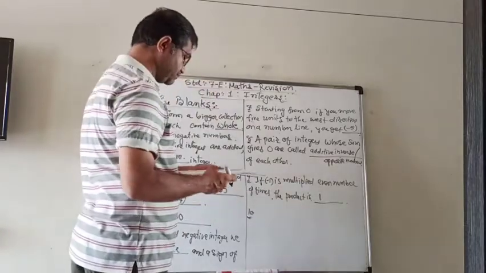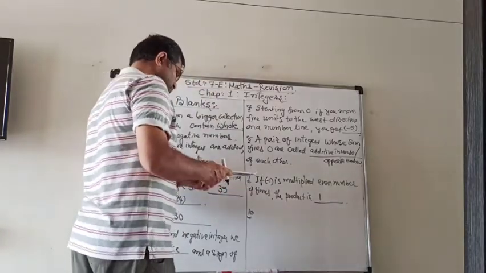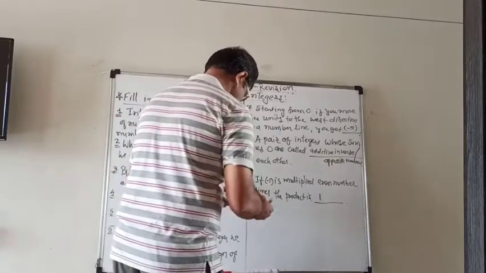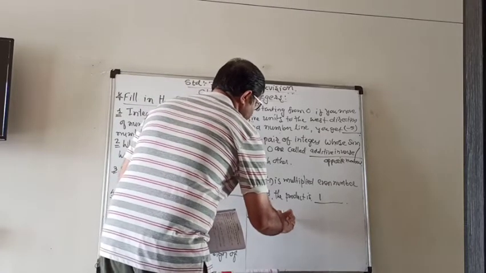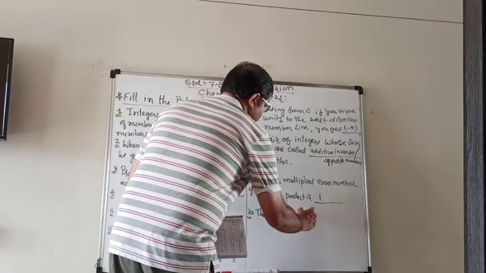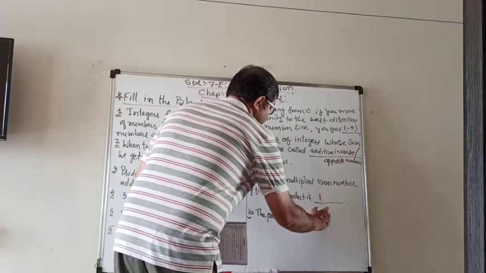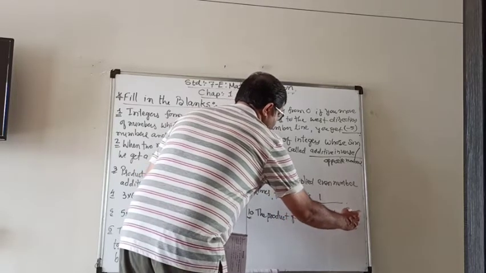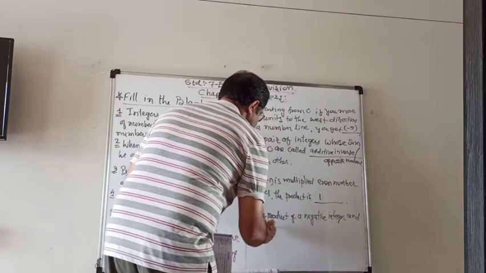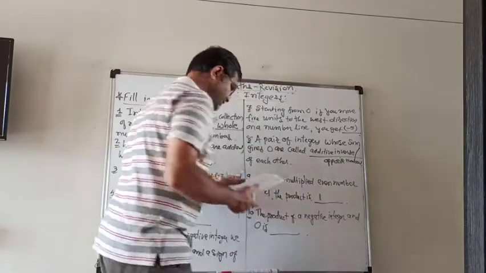One more. The product of a negative integer and 0 is blank.